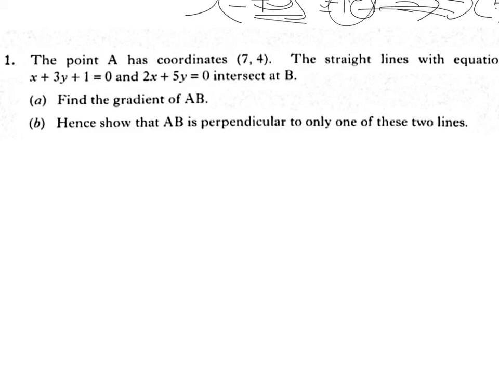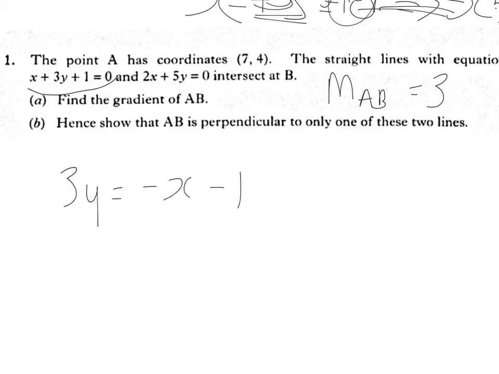Well, we found that the gradient of AB then is 3. So let's investigate the gradient of these two lines. I'm going to first of all check this one. x + 3y + 1 = 0. How do you find the gradient? You find it by writing in the form y = mx + c. So 3y would be equal to -x - 1, and y would be equal to -1/3 x - 1/3.